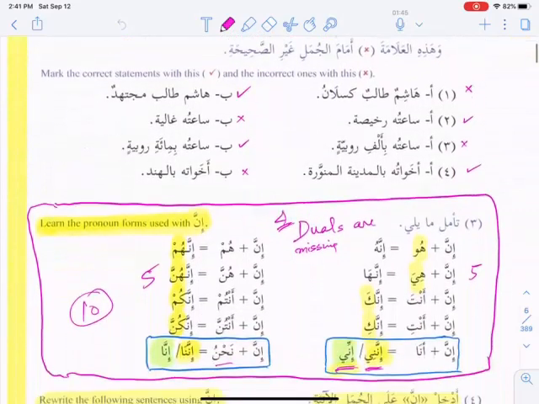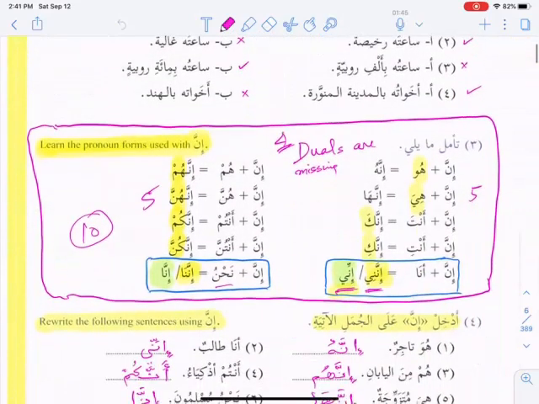So I asked you to remember that inna can be joined by a pronoun, and that pronoun becomes ismu inna. Why? Because ismu inna is always mansoob.